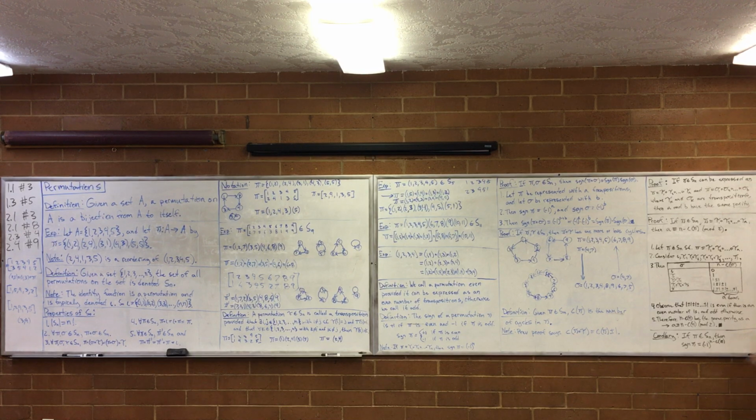So n minus the number of cycles has the same parity as A. Or in other words, A is congruent to n minus the number of cycles mod 2. So now we can calculate the sign of a permutation really quickly. The sign of a permutation for any permutation is just -1 to the n minus the number of cycles.